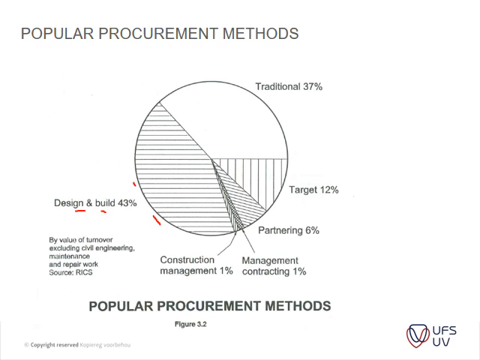Then we've got our traditional methods, which is where you have a design team on the one side, and then you've got your contractor on the other side. So you prepare your tender documentation, the information is developed up to a high standard already before it goes out on tender, and you can then either have a short list of contractors that can tender, or it's an open tender. So it's just a method where you have your documentation ready before you actually go out on tender.